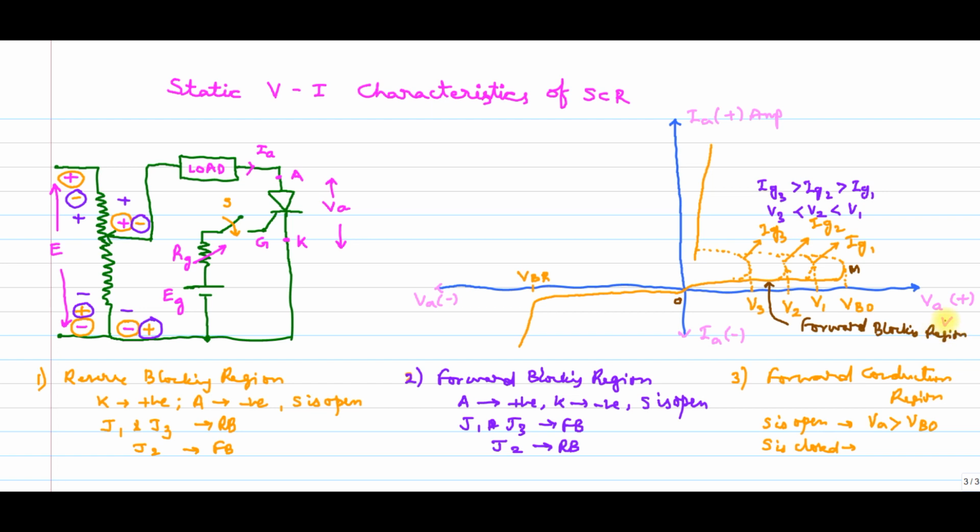In the forward blocking region, there is a small current, and this current is the forward leakage current. Okay, this is regarding the second point. In the forward blocking region, a small current called forward leakage current is flowing through the device.